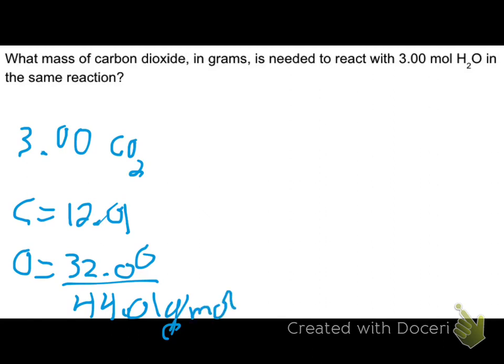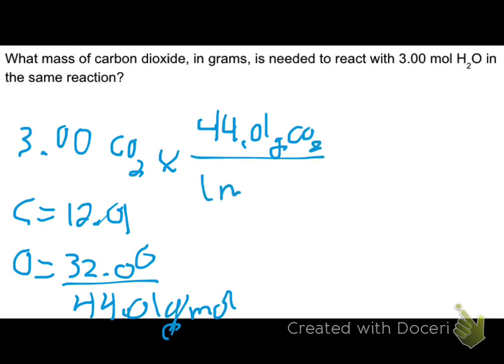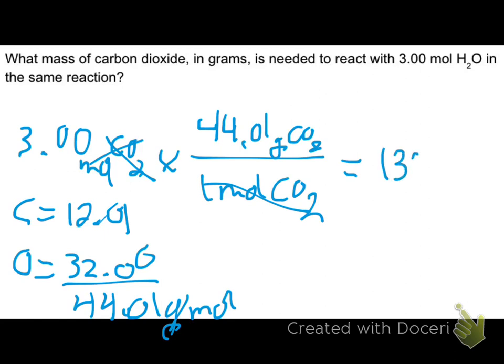So now we can take that back up here and say if we have 44.01 grams of CO2 for every 1 mole of CO2 that we have, then the moles of CO2 cancel. And we are left with whatever 3 times 44.01 is, which comes out to 132.03.